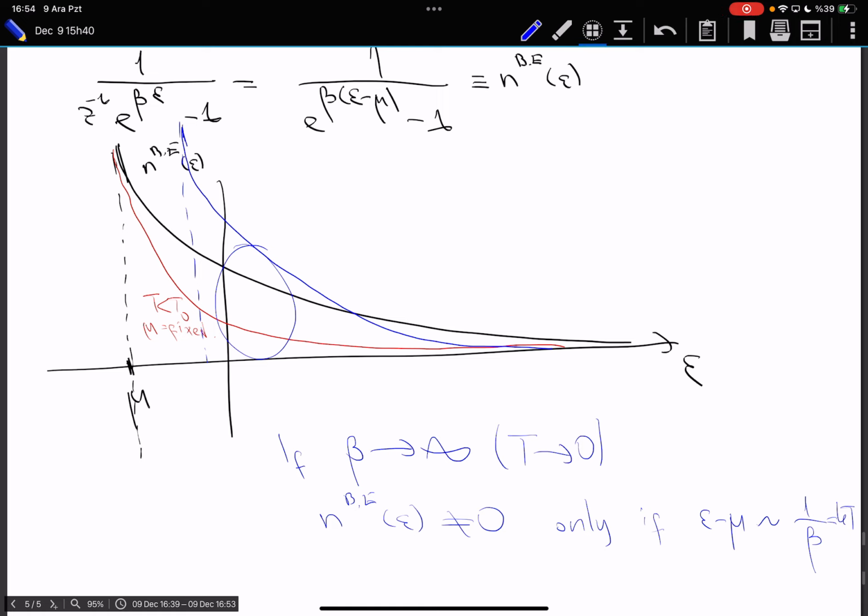Which basically tells me that at T equal to 0, or T approaching 0, first of all, the chemical potential should approach 0, the ground state energy. I will only have particles in the ground state, and I won't have any particles in any other state. Okay?